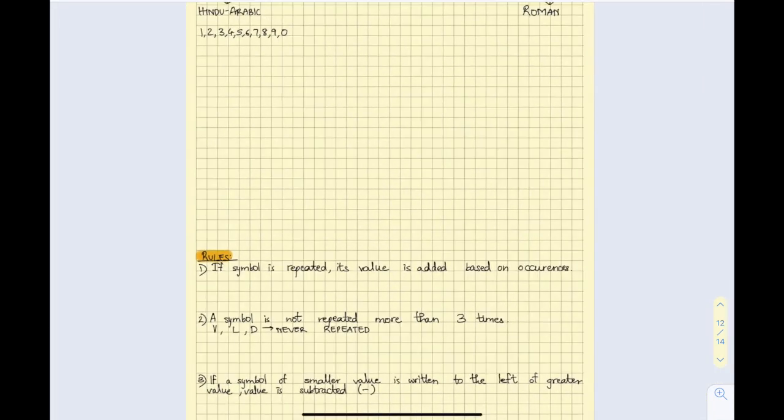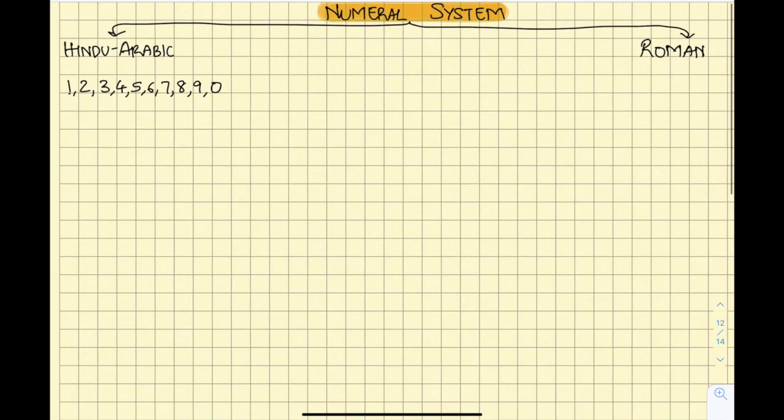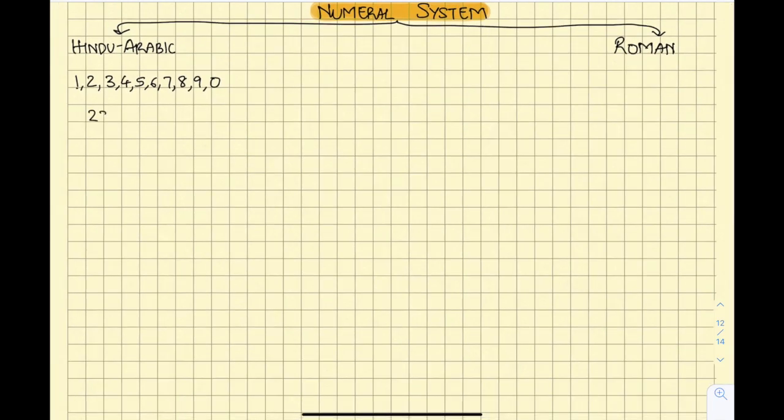Just for example, if I write 23,000, this is formed by these digits, so that is called a Hindu-Arabic number.